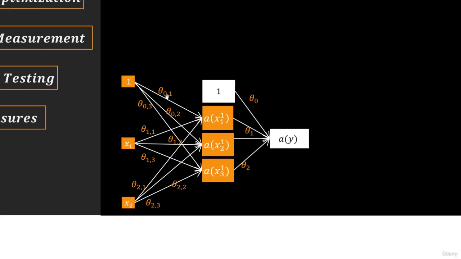So we have theta 0,1, then origin 0, destination 2, theta 0,2, origin 0, destination 3, theta 0,3. And then when we get to x1, origin 1, destination 1, theta 1,1, origin 1, destination 2, theta 1,2, up to theta 2,3. And thanks to these many more weights, we are able to model more complex problems. And as usual, we always add these biases.